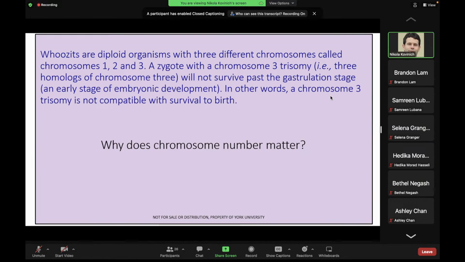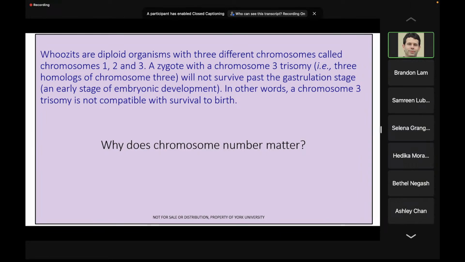Why does chromosome number matter? In this case, it's an extra chromosome. I think it'd be easier to do the flip side. What if we had one chromosome where we were supposed to have 2? What could be the problem? I'll give you a hint.